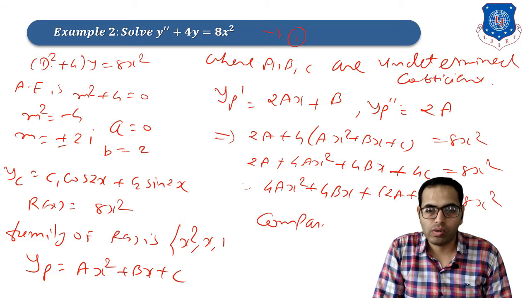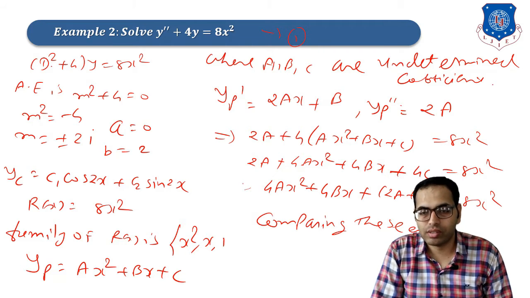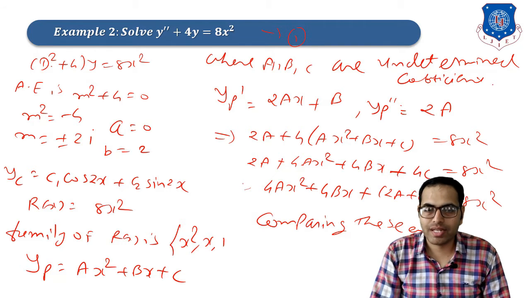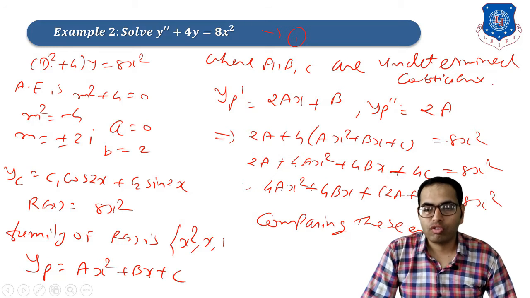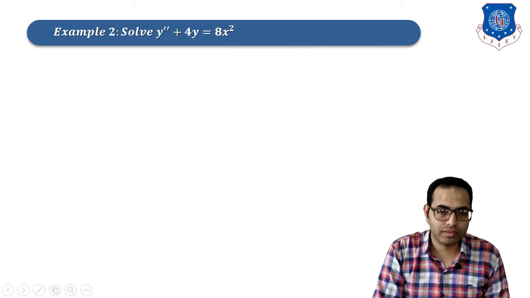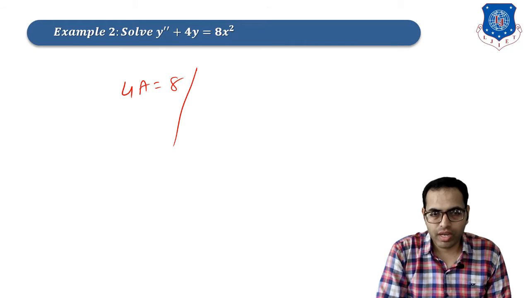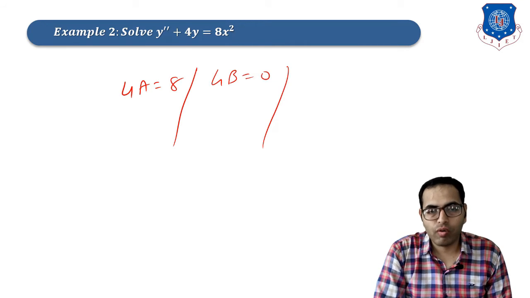Now comparing these equations, that means equating the coefficients on both sides, that will give you 4a equal to 8, 4b equal to 0 and 2a plus 4c equal to 0.